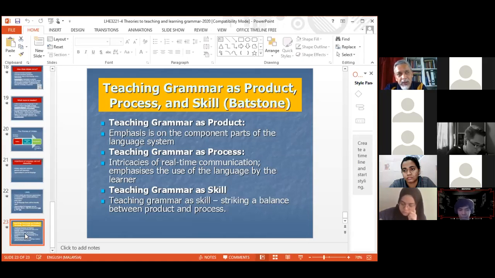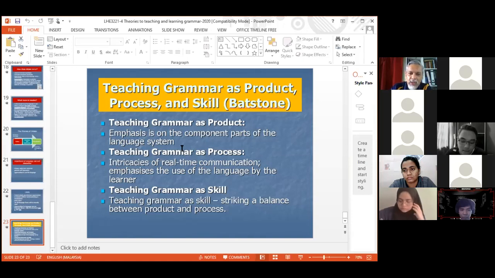Most students who are not very proficient may require a lot more teaching grammar as product. But eventually, as mentioned in the slide, you need to get them to be using the language to complete tasks and things like that, with all the kinds of pressure of actual communication.